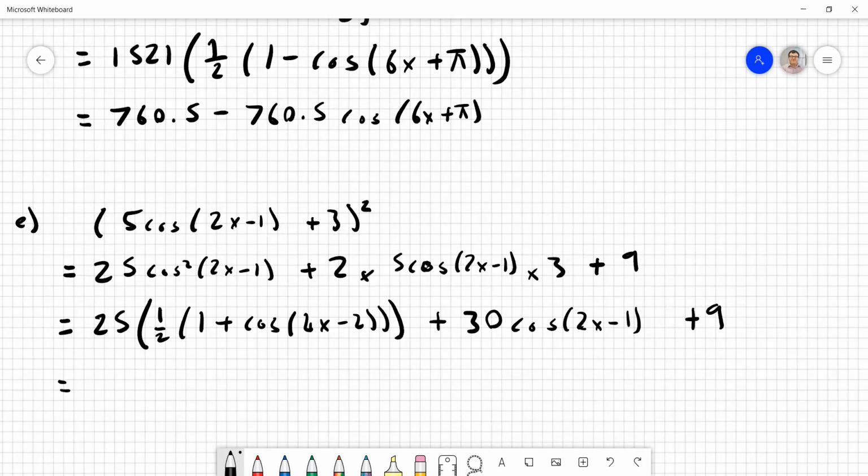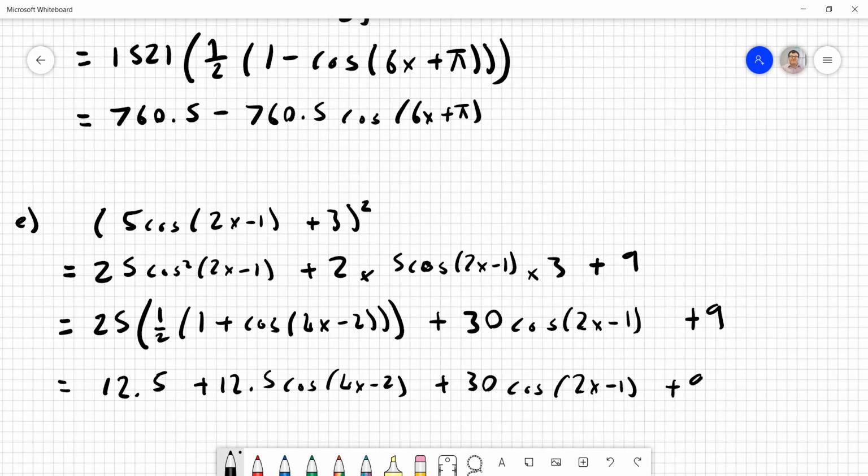So 25 times a half is 12.5. 12.5 times 1 is 12.5. Going to have 12.5 times cos 4x minus 2, so we'll have plus 12.5 cos 4x minus 2. And there's nothing else we can do with these other terms at the moment, so we write them in as they are, 30 cos 2x minus 1 and plus 9.